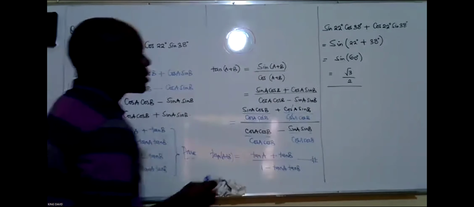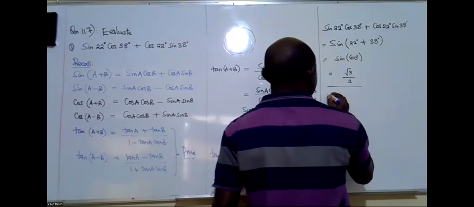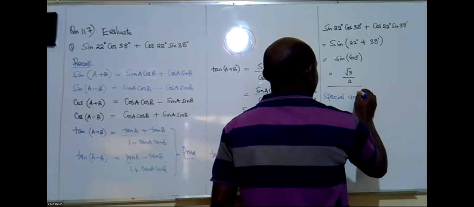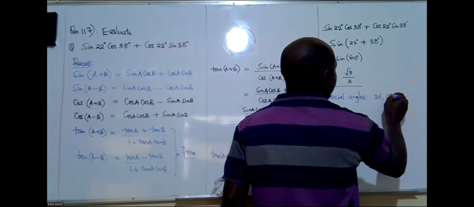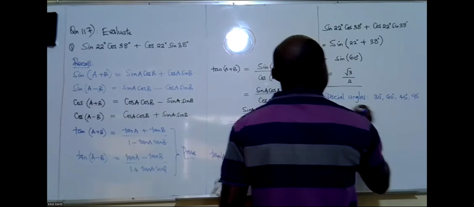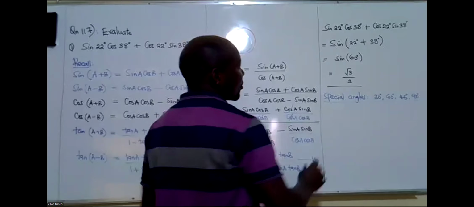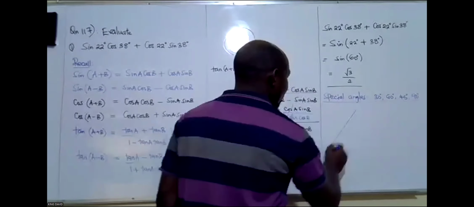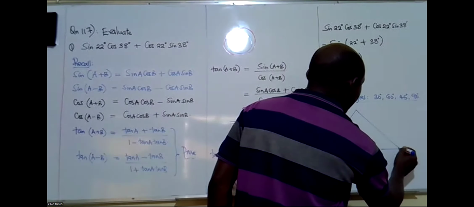Okay, these are trigonometry ratios of special angles. So under special angles, we have 30, we have 60, we have 45, and 90. So to get the ratios of maybe 30 and 60, we make use of an equilateral triangle.